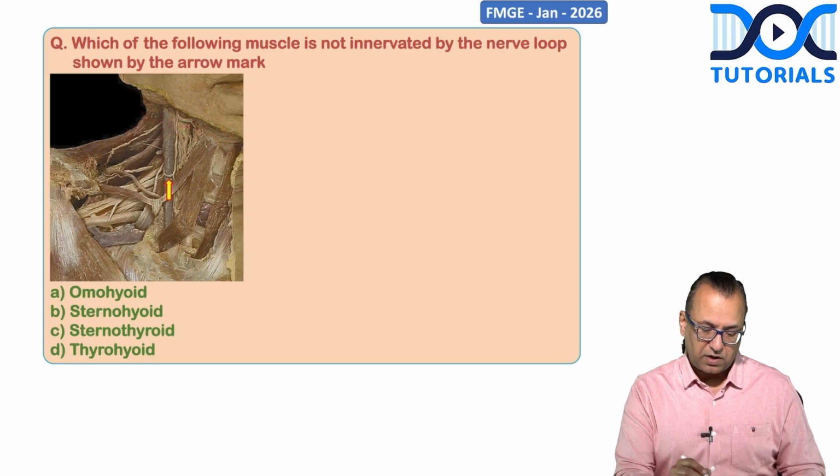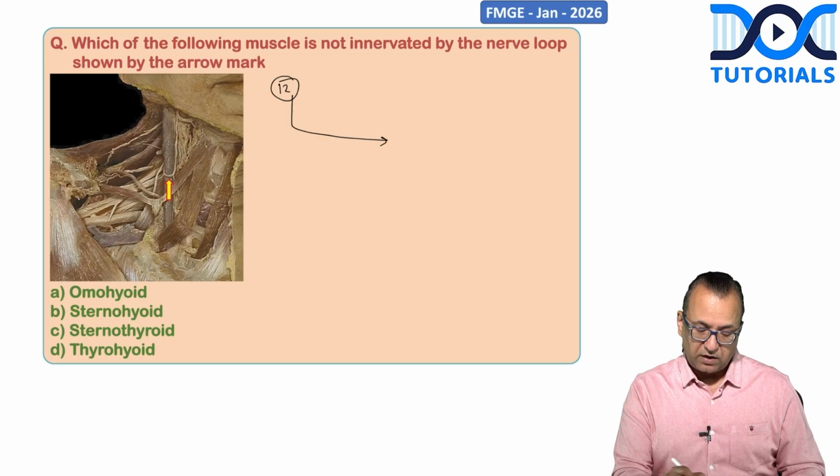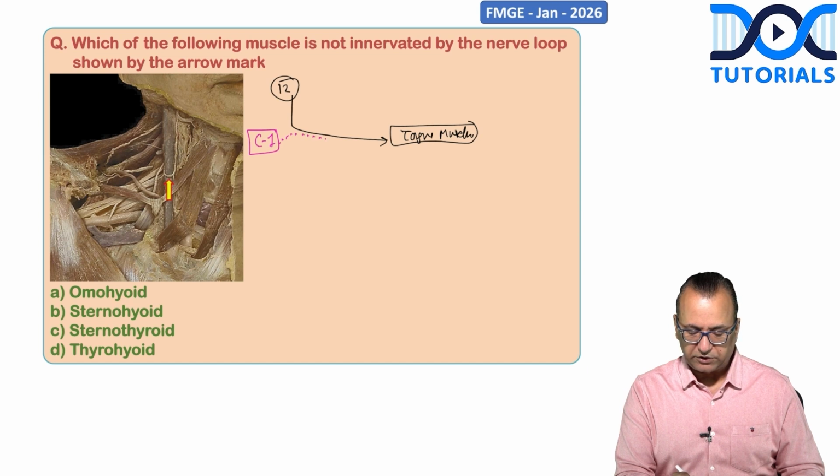This is the 12th nerve, right side, going to supply the tongue muscles, but along with tongue muscles, it is also carrying some C1 fibers. That C1 fiber has two functions. As I mentioned, it will supply two muscles, the geniohyoid and thyrohyoid.